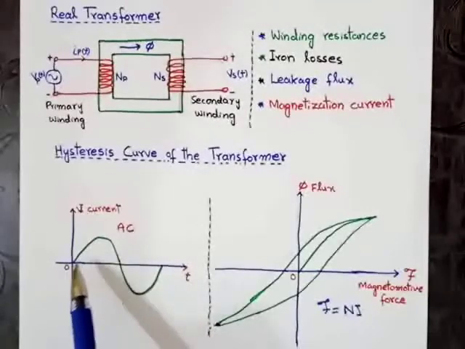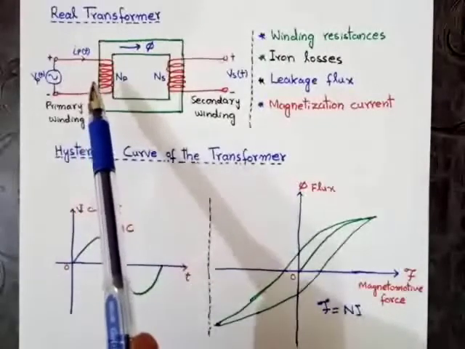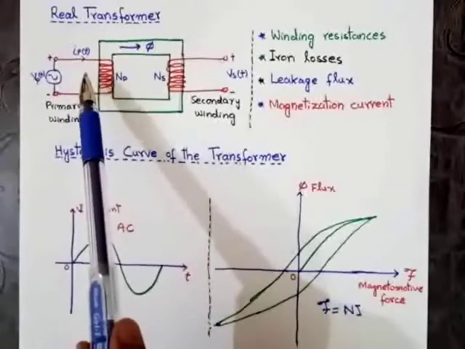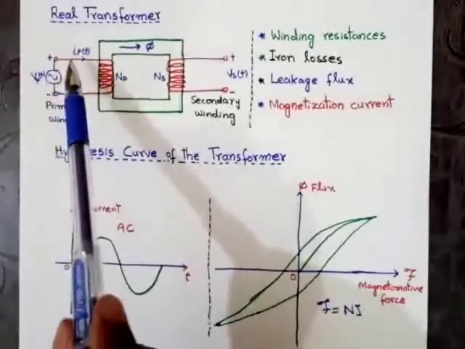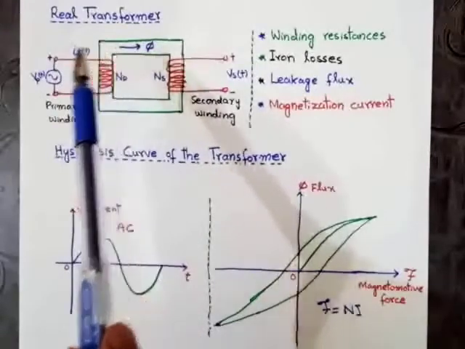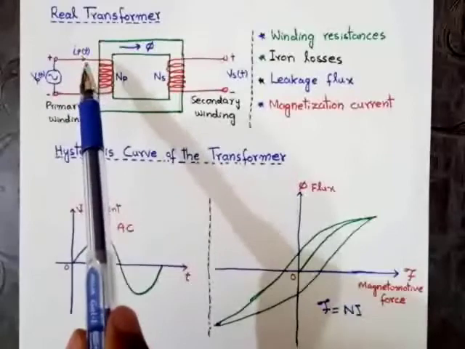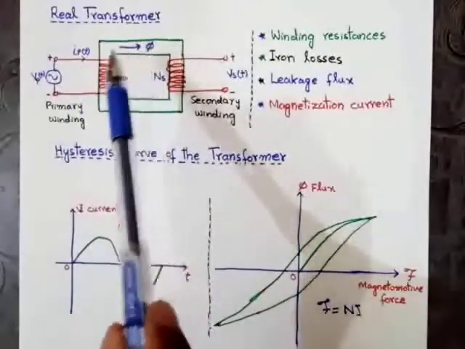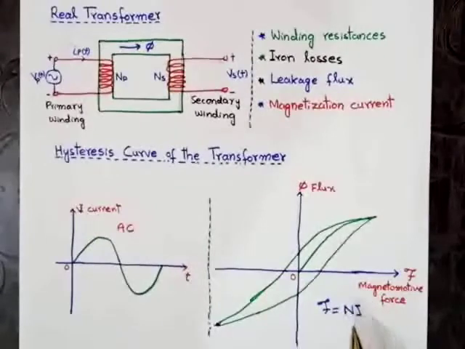In segment number 1, when the alternating current increases, according to Ampere's law, the relationship between current and flux is directly proportional. When the current increases, the flux will increase as well. As you can see in this figure, when the current increases, the magnetomotive force will increase.